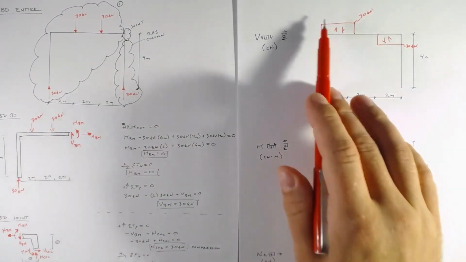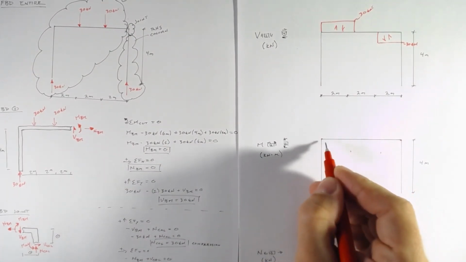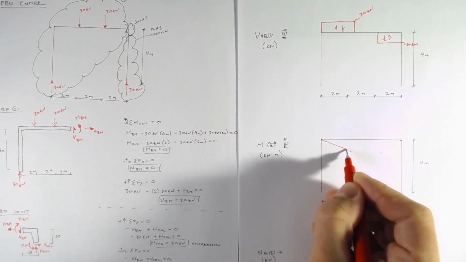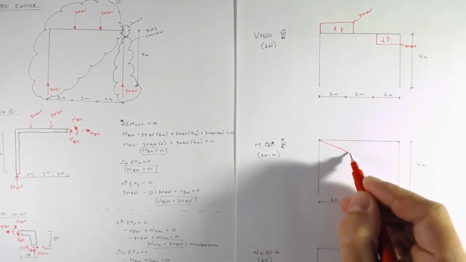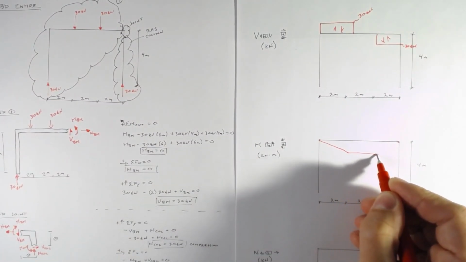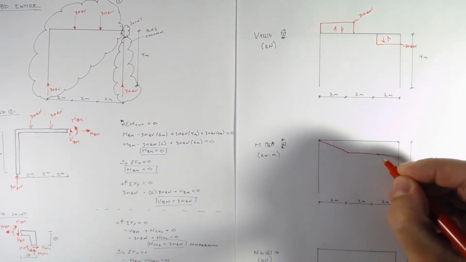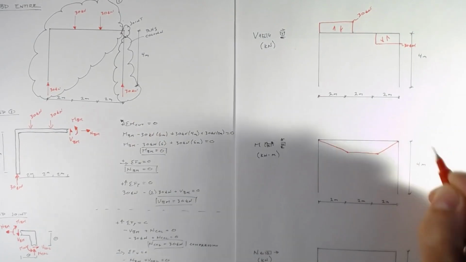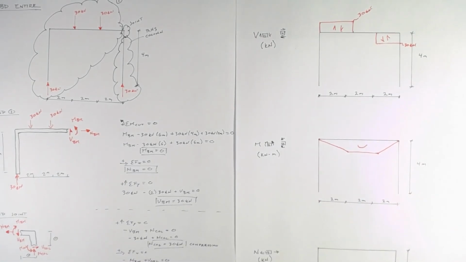So we have a constant shear force, which means we will have a linear change in moment. Then we have no shear, and if we have no shear, we have no change of moment. If we have no change in moment, that's equal to a horizontal line, so a constant moment. And then we have the opposite shear, and so we will start going back up, and we'll put a little happy beam sitting there.